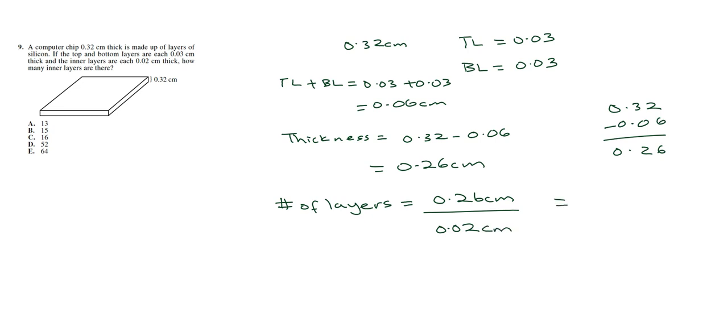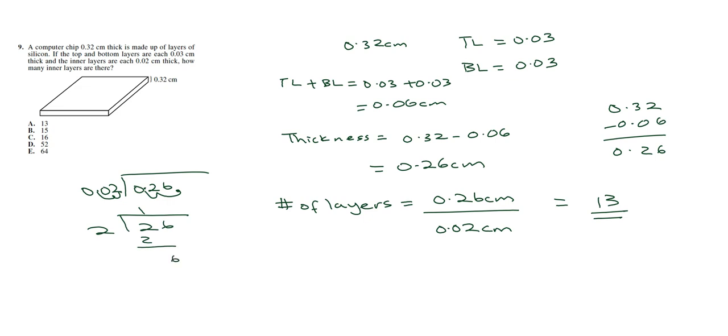So we're going to end up with 13 here. Here's what you do: 0.26, 0.02. I'm going to move 2 spaces right here, 2 spaces right here. So I end up with 26 divided by 2. And then we have 13.